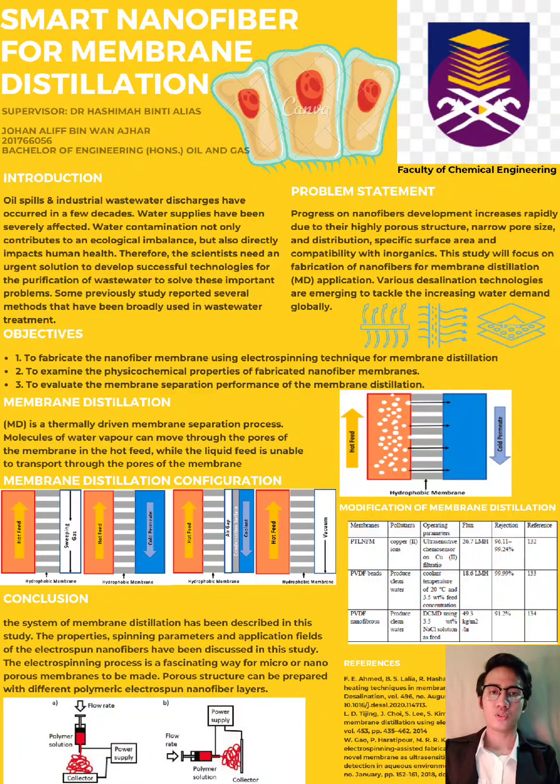And let me introduce my supervisor, Dr. Hashima Binti Alias. With the rapid growth of nanotechnology, the preparation of electrospun nanofiber has gained more and more attention owing to their high porosity, strong functional abilities, and high specific surface area. Electrospun nanofiber membrane plays a significant role in various sectors.